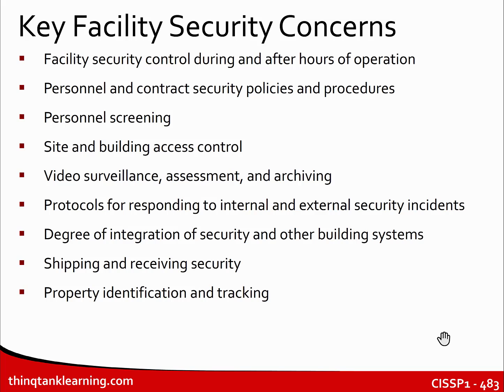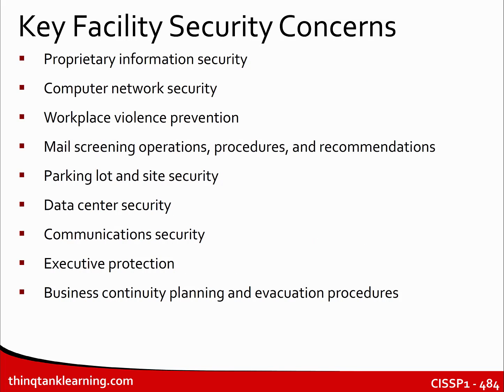How do we identify assets within the organization? Asset management, asset tagging, and asset tracking. Proprietary information, how do we protect that? Computer network security, we've been talking about that the whole time. Workplace violence prevention. It is the responsibility of the employer to protect its employees, not only from external threats, but from internal threats as well.